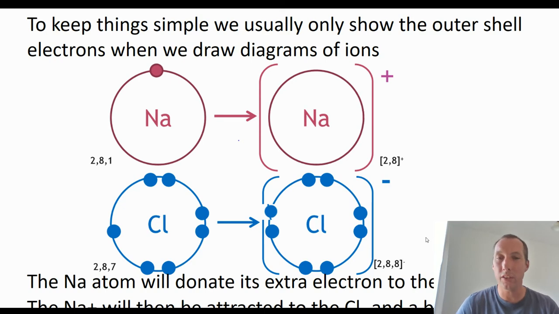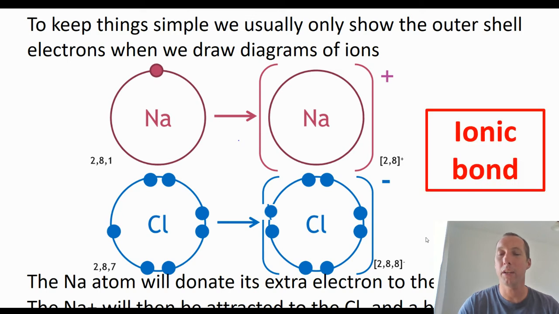The reason that sodium is attracted to chlorine and forms sodium chloride, common salt, is because sodium becomes a positively charged ion, chlorine becomes a negatively charged ion, and the two of them attract each other. Now, when that happens, we call it an ionic bond. Ionic because it's made up of ions, and the bond because they're being attracted and held together. So this is now a compound.